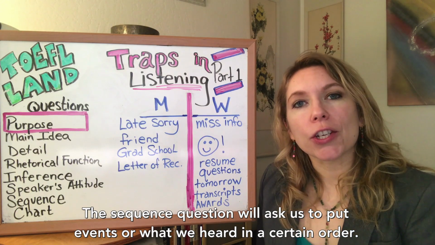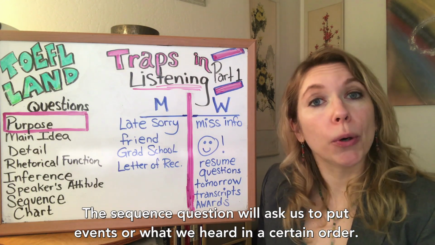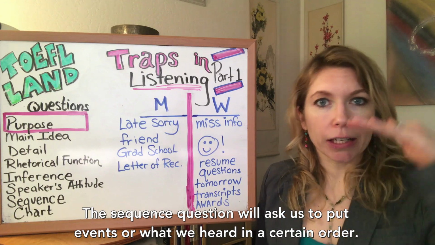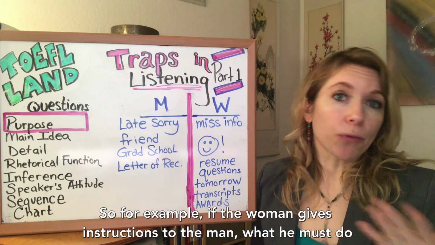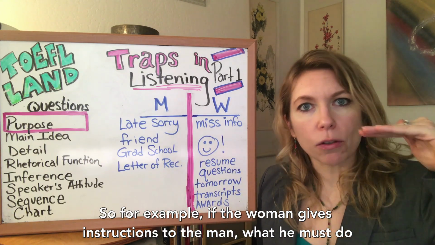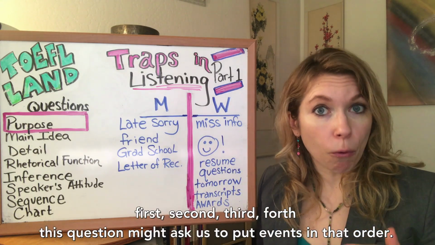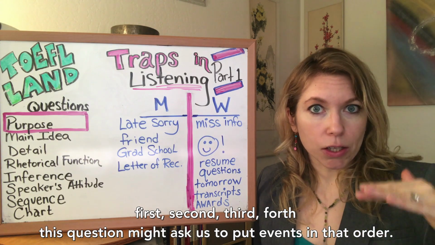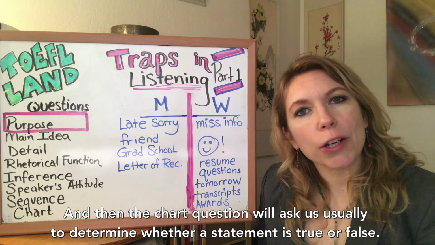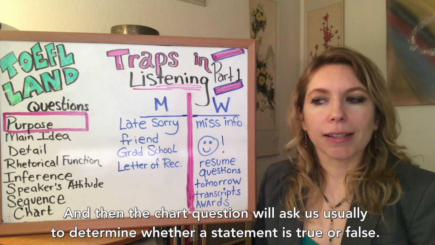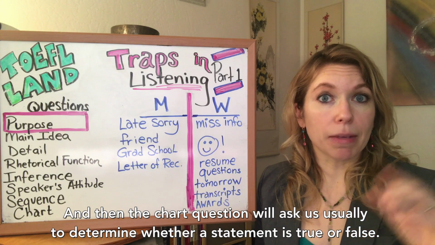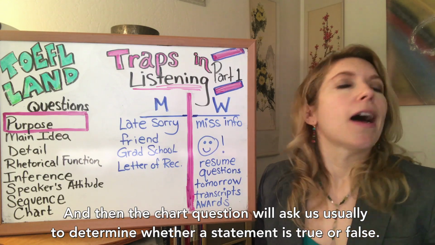The sequence question will ask us to put events or what we heard in a certain order. So for example, if the woman gives instructions to the man, what he must do first, second, third, fourth, this question might ask us to put events in that order. And then the chart question will ask us usually to determine whether a statement is true or false.